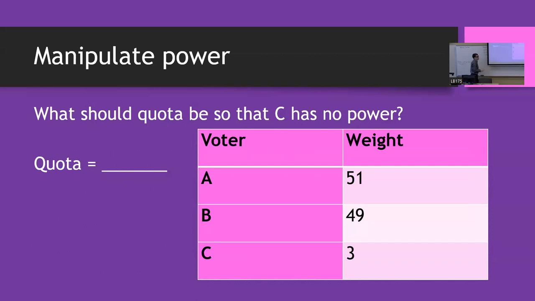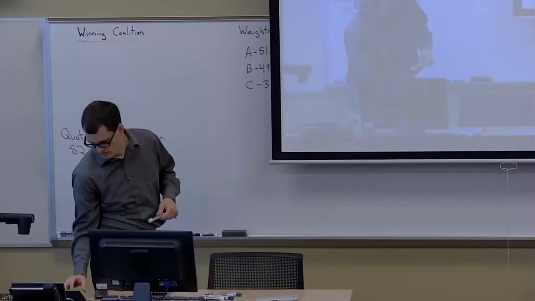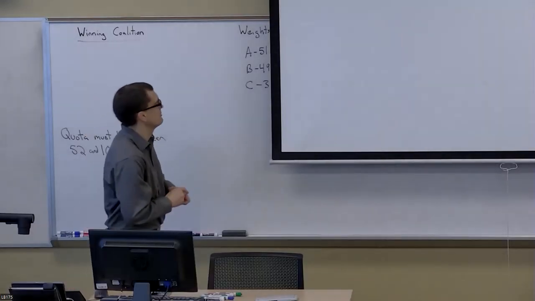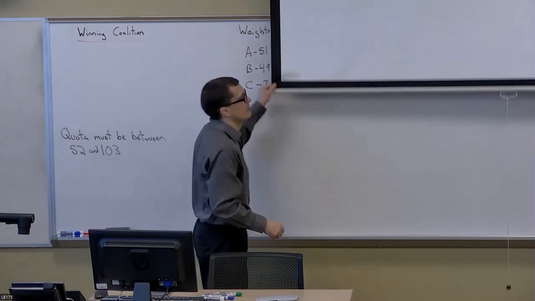Let's imagine I don't want to give any power to voter C. Okay? If I don't want to give any power to voter C, what should I do with my winning coalitions?